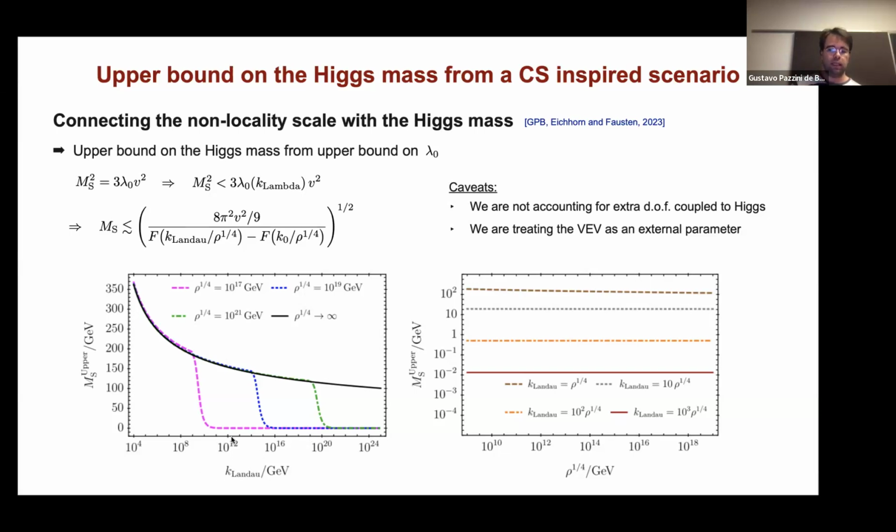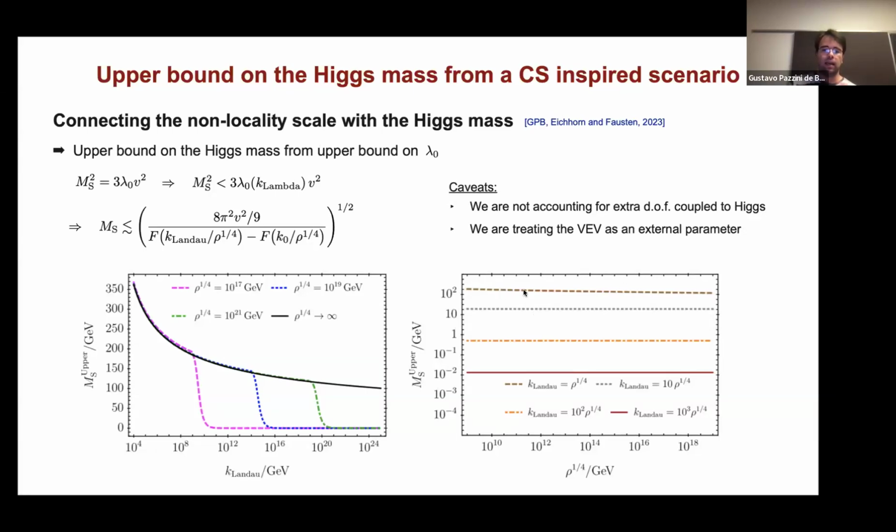Perhaps this plot on the right is a bit more appropriate to understand what's going on. If you focus on, let's say, a gap between the Landau pole scale and the non-locality scale of order 10 to the power 3, this restricts a lot the possible values of the Higgs mass.